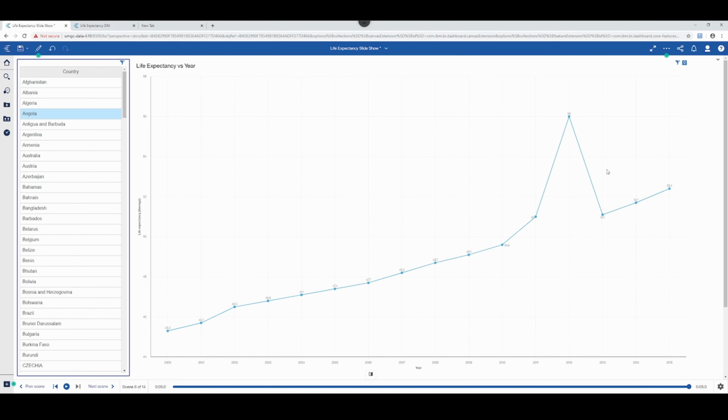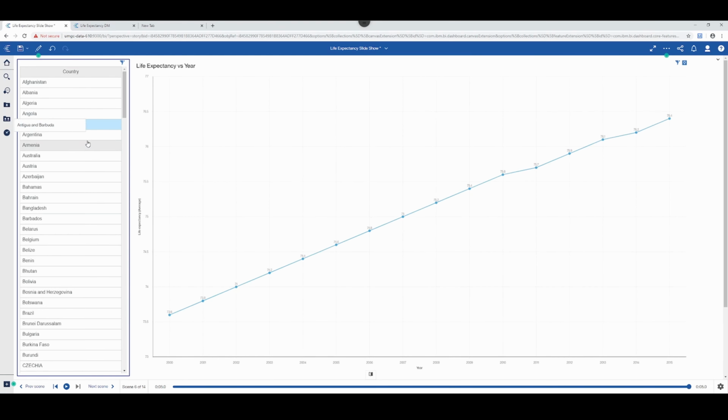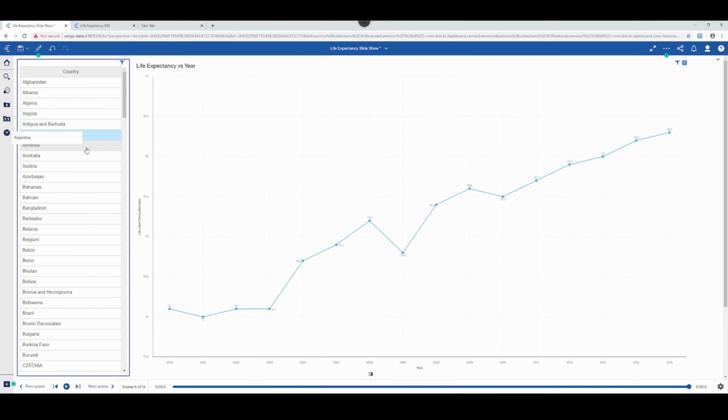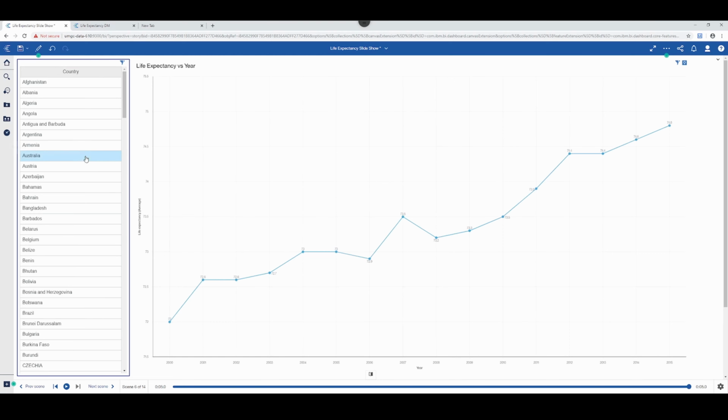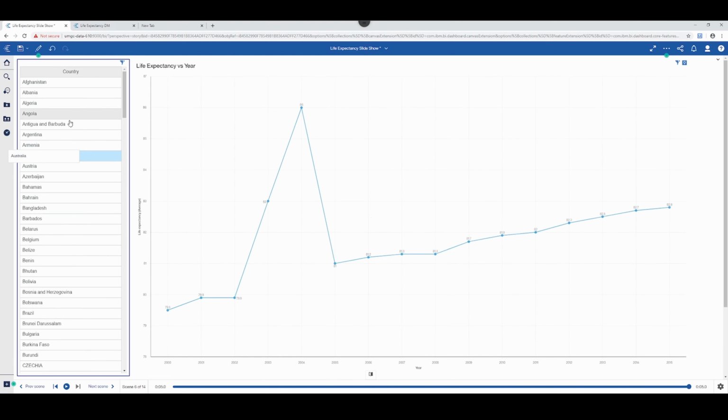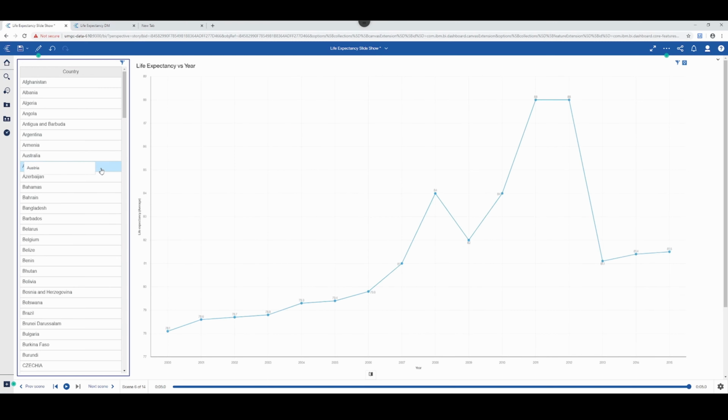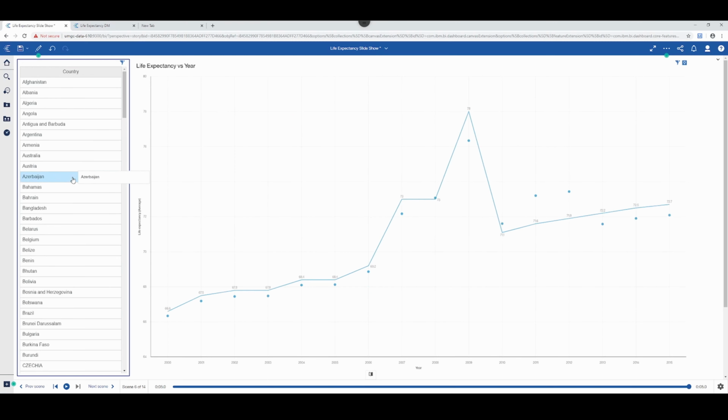For example, here we have a major increase, and then it drops back down to a more linear increase. Some of the countries are pretty linear, but there are some, especially developing countries, I guess, that will have the biggest jumps in life expectancy.